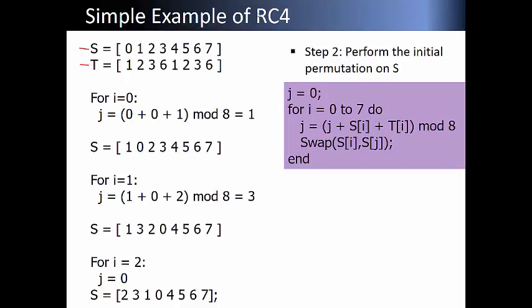So apply the second portion of that algorithm, which is here. Let's say j equals 0, and then we have a for loop. For i equals 0 to 7, because we have only 8 bits.